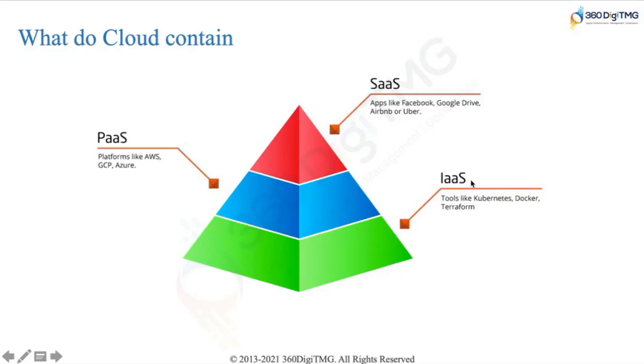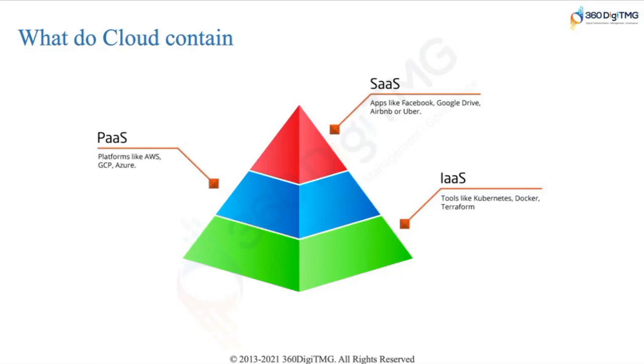Infrastructure as a service means you will virtually get infrastructure. Instead of having infrastructure on premises, you will be able to get it virtually, and you pay just for the infrastructure. And when you don't want that infrastructure, whatever infrastructure you have provisioned on your cloud portal, if you delete it, you stop paying for it.